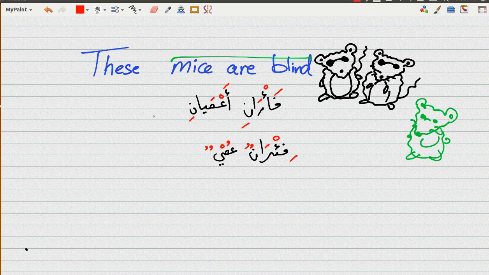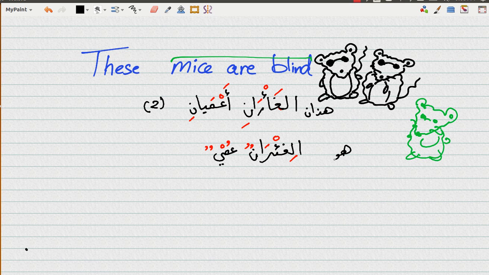So in both cases, if I'm going to say these mice are blind, I will say, if they're dual, if they're two, here I say هذان الفأران أعميان. هذان الفأران أعميان. These mice are blind, but I'm talking about only two.